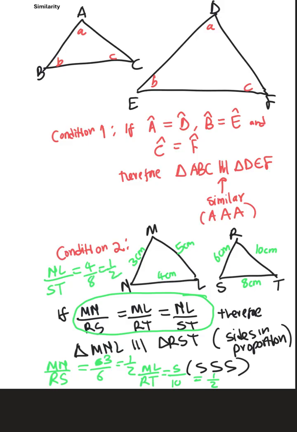Is 1 over 2. So what do you notice? We get the same ratio. Because we get the same ratio, it means what? The sides are in proportion, so the two triangles are similar. So that's what this part is telling us.